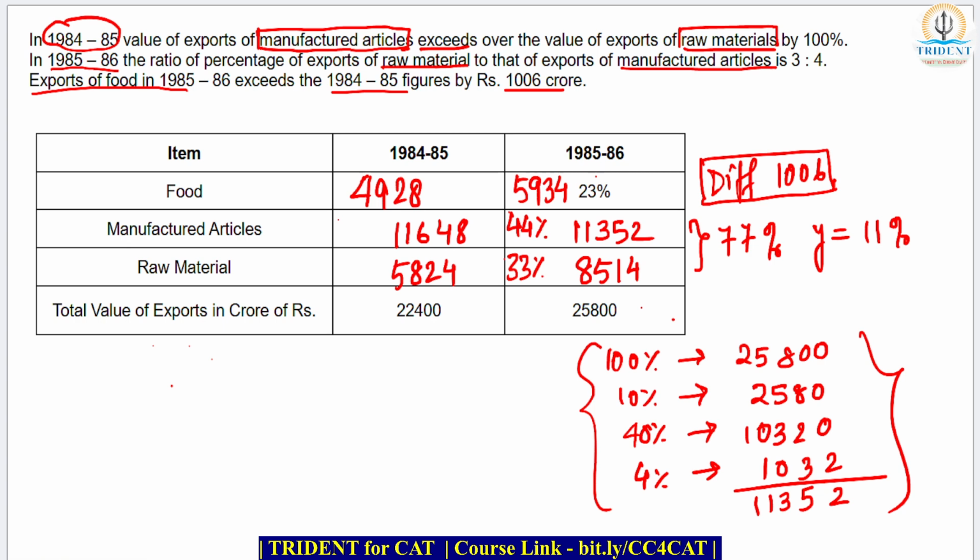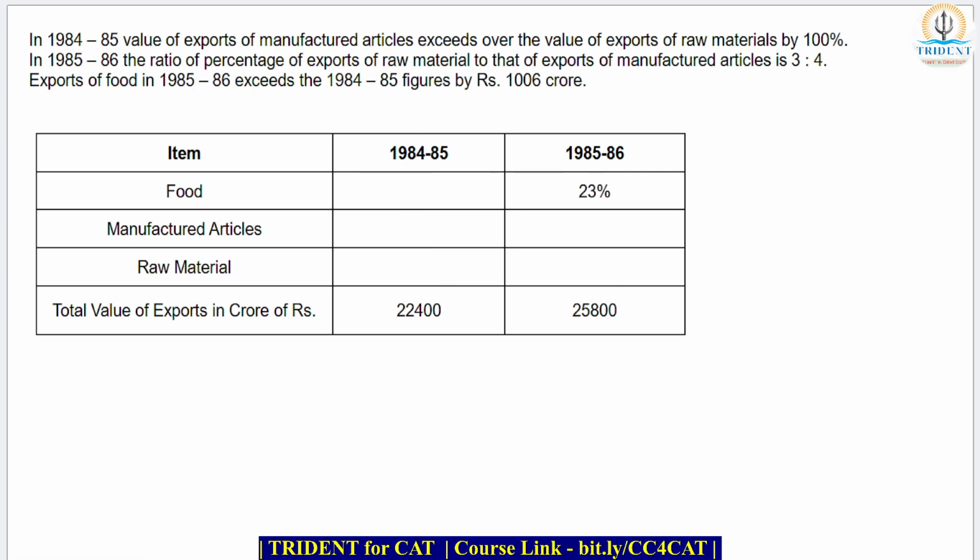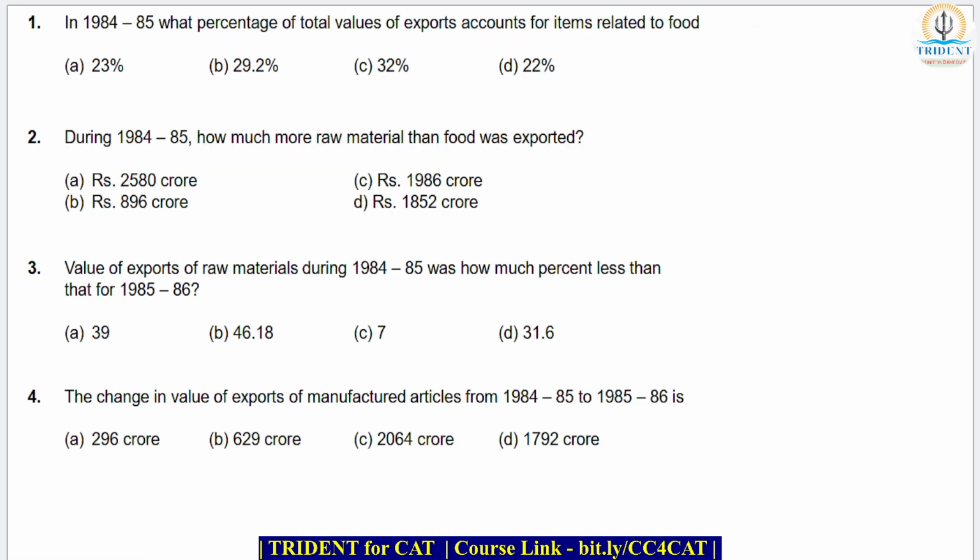Okay, so I'll go back. 4928 by 22400. Now if you pay attention, this is a very interesting number. This is almost 5 by 22. 5 by 20 is 1 by 4, that is 25%.